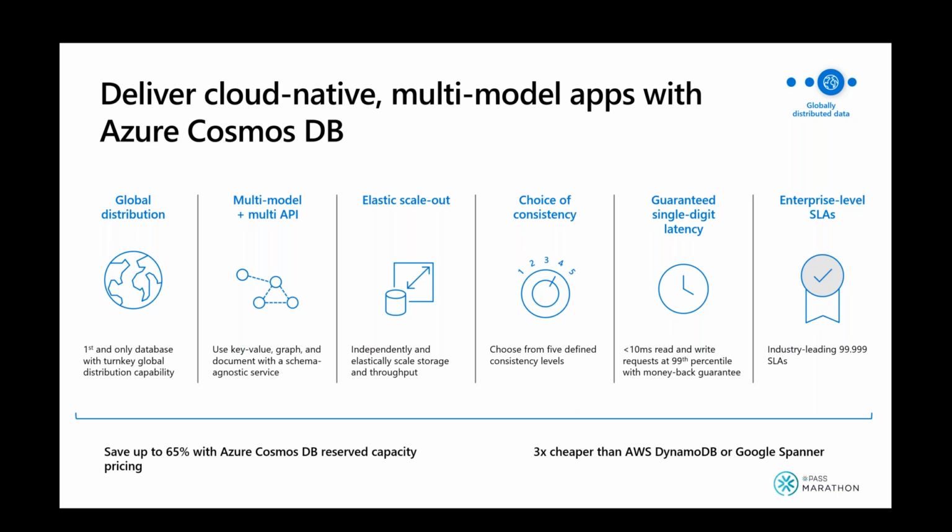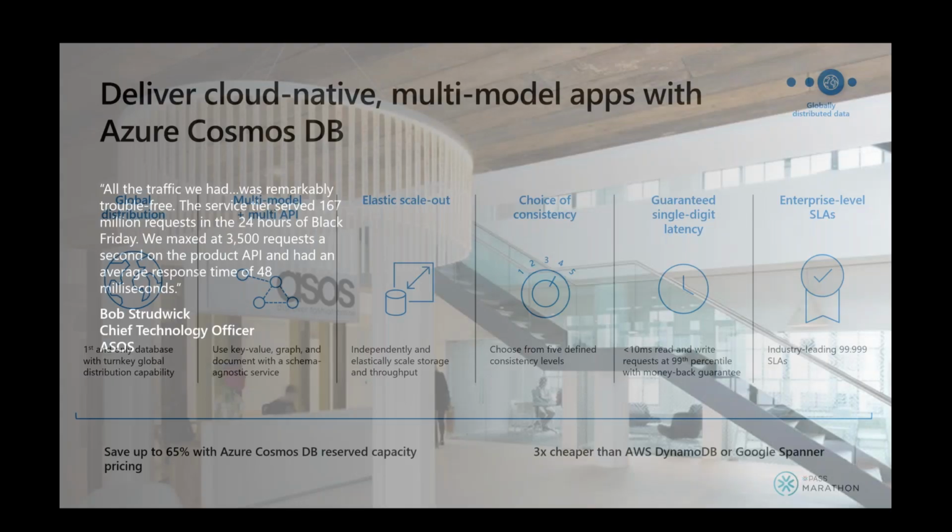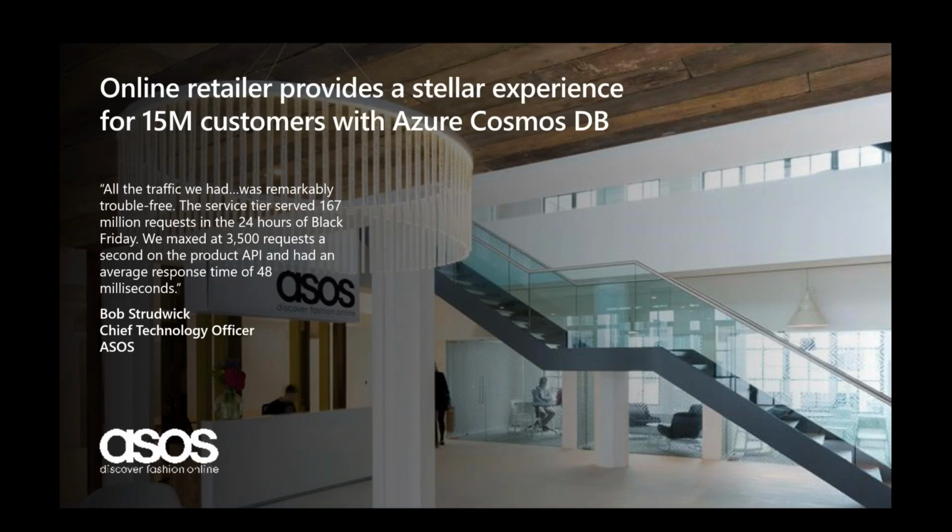It runs them really well, and as I mentioned before, you can lift and shift those using Database Migration Service directly to Cosmos DB. We talked about retail, and ASOS is a great example. It was very interesting hearing them talk about why they selected Cosmos DB, and I learned some things that I didn't know about retail.